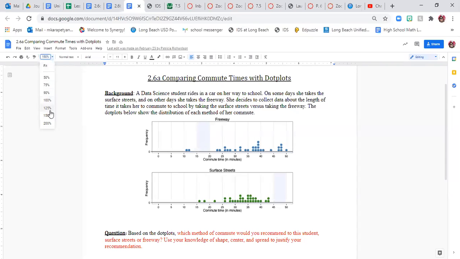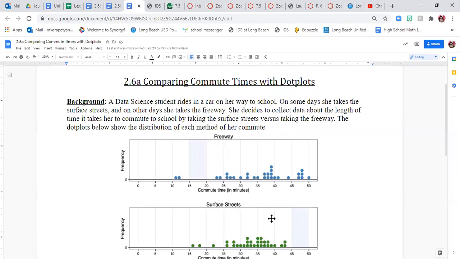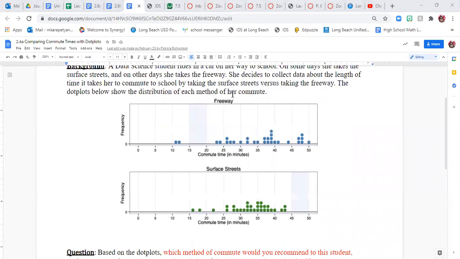So we see that on the top dot plot, we have her freeway times. At the bottom is her commute time, in minutes. This is how often she experienced that much commute time.